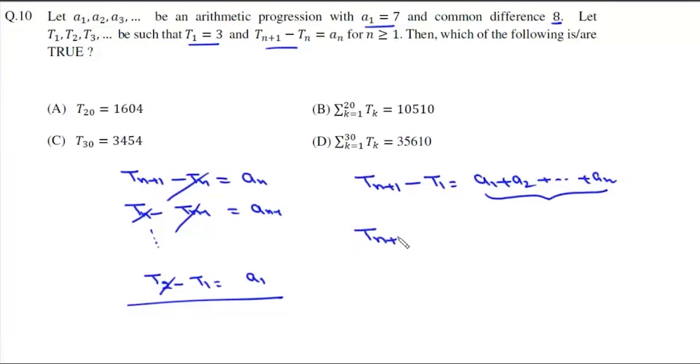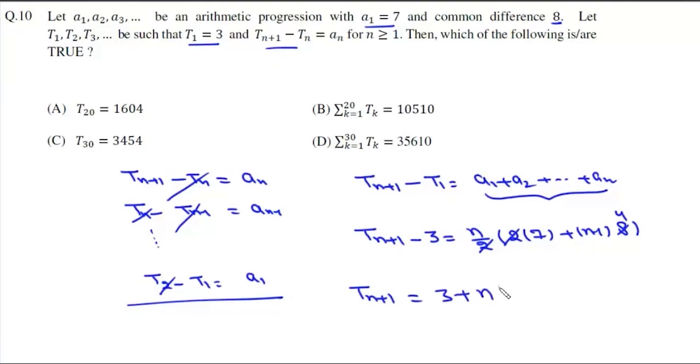Now T_1 is simply 3, and the sum of n terms of this AP will be n by 2 times 2a plus (n minus 1) into the common difference of 8, where 2a is 2 into 7. Now this is 2 and this is 4. So this T_{n+1} will be 3 plus n into (7 plus 4n minus 4).